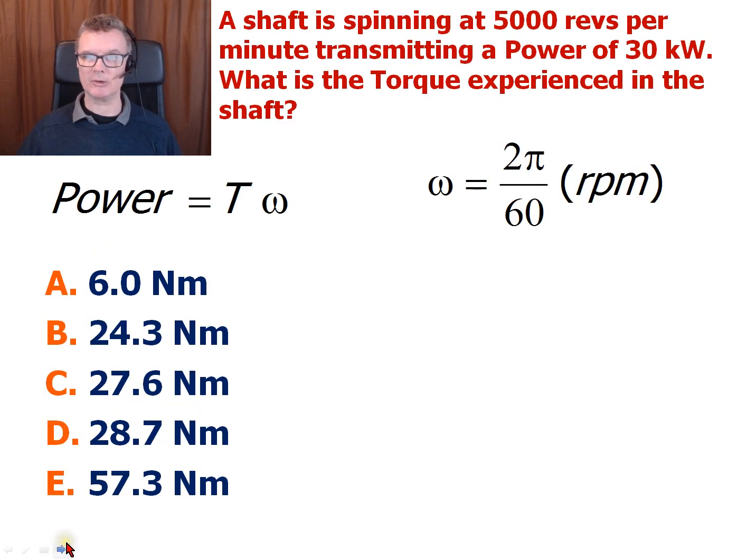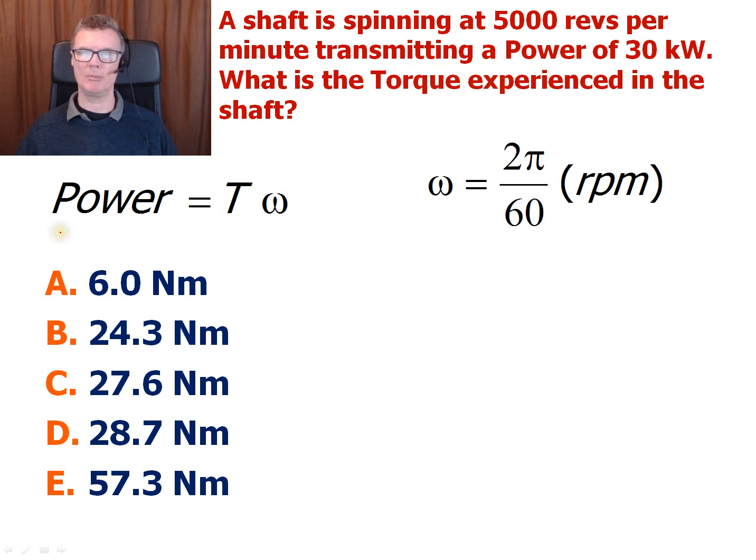Right, so let's come back to doing some shaft problems, or one shaft problem, and then we're done. So here we have a shaft spinning at 5,000 revs per minute. So it's doing 5,000 RPM. It's transmitting a power of 30 kilowatts. What is the torque experienced in the shaft?